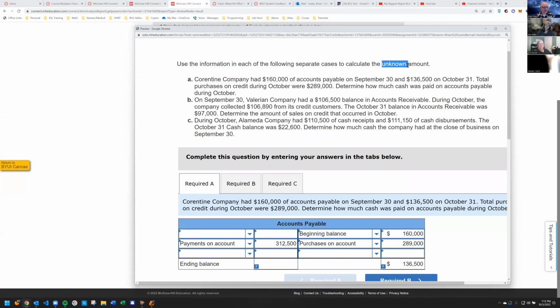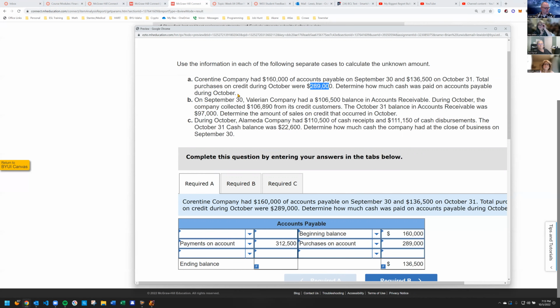Okay, so this is a classic IS, where you get A, B, and D, but you don't get C, and so you've got to figure out the rest, right? So the company had 160 in accounts payable on these two different dates. Total purchases were 28.9. Determine how much cash was paid on accounts payable during October.